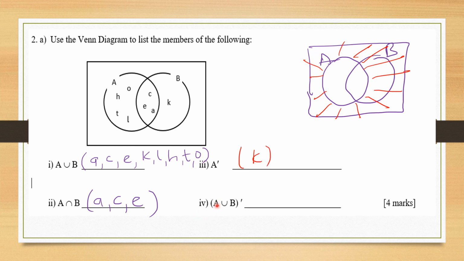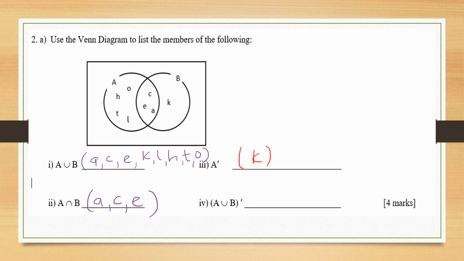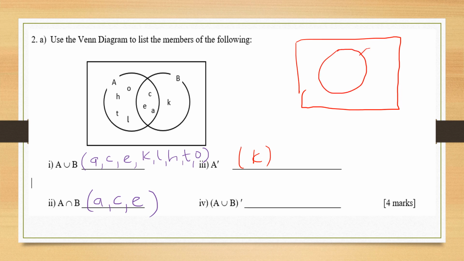Part 4, A union B bracket complement. Let's erase this and show it on the graph. So on a Venn diagram, I should say. So we have A and we have B. So everything outside is this.